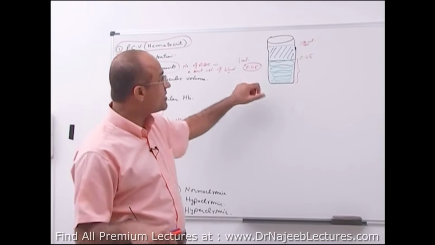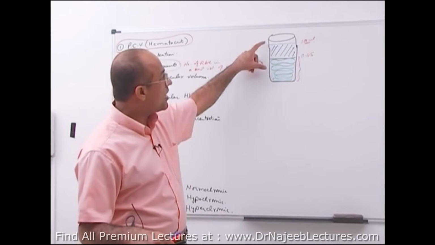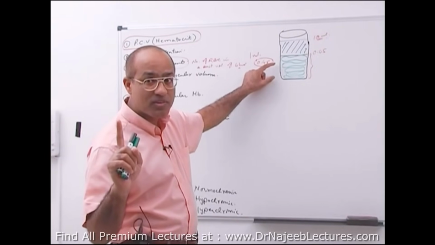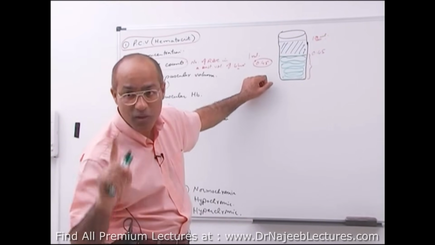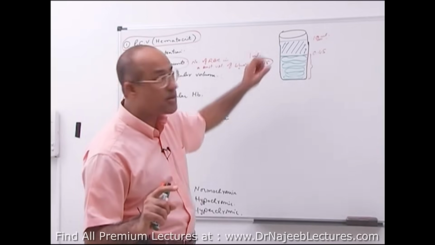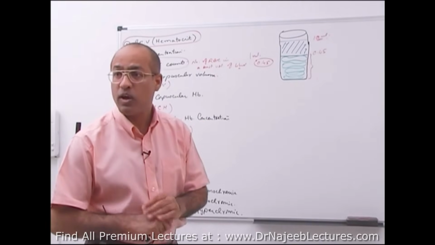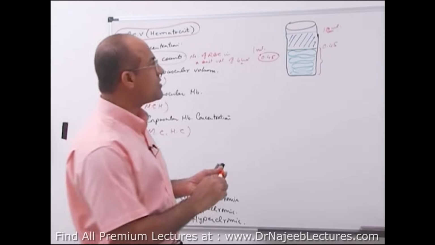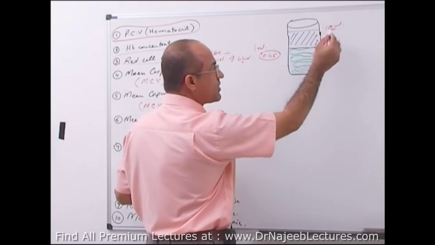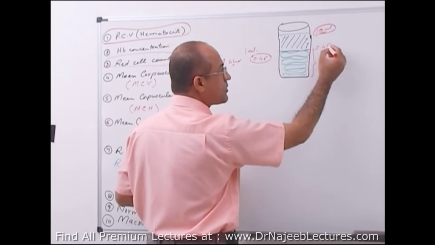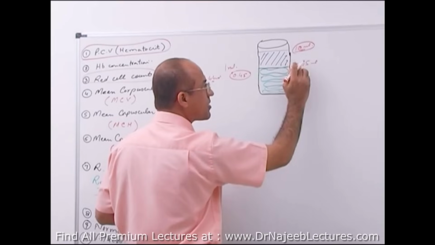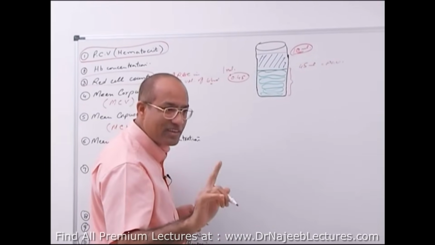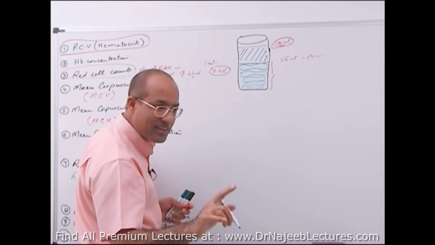And in this one, I told you in 1 ml of the blood you have 5 million RBCs, and in 100 ml you will have 500 million. Good, your math is good, right? So in this case, if it is 100 ml blood, 45 ml is the packed cell volume or hematocrit. Is that right? 0.45 liter per liter.